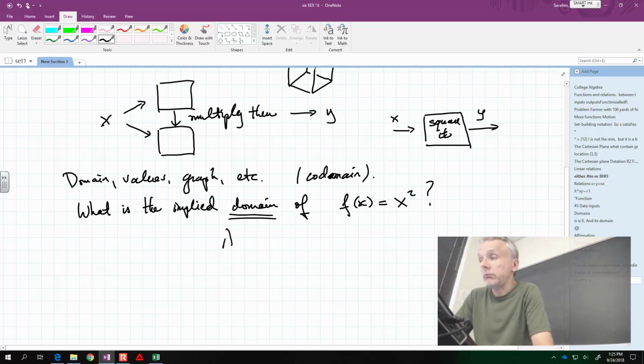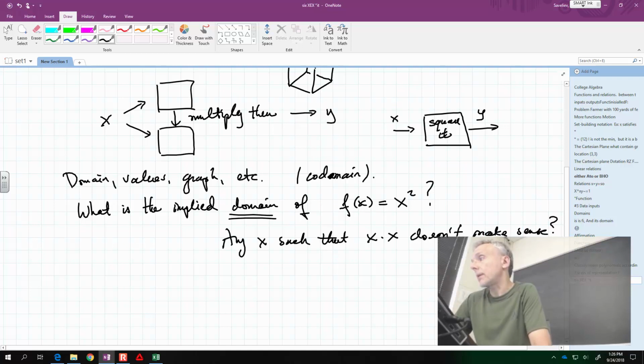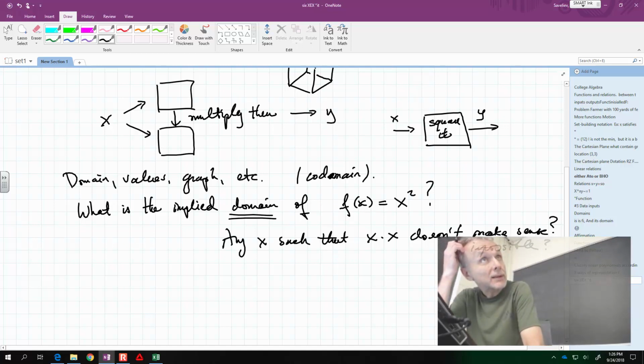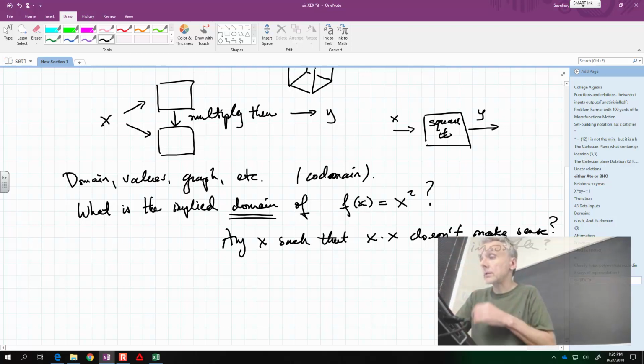So any x such that x times x doesn't make sense, or impossible, or computer breaks down, anything of that nature. That's what domain is.